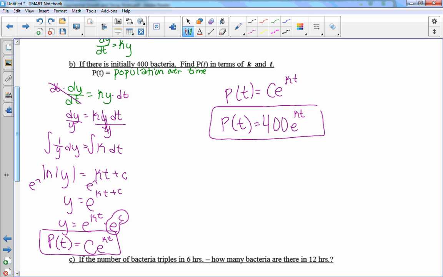Okay, now down below in part C, if the number of bacteria triples in 6 hours, how much bacteria will there be in 12 hours? Okay, so with your group, I want you to walk through that. Still talking about the same bacteria. If the bacteria triples in 6 hours, how many bacteria will there be in 12 hours? Okay. Brainstorm with your group.